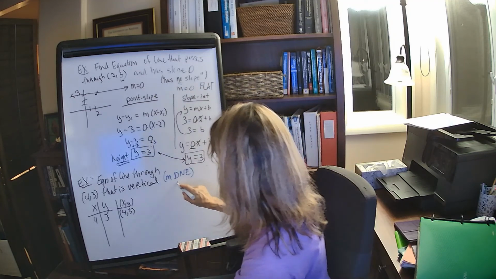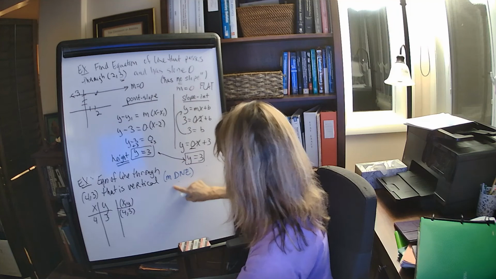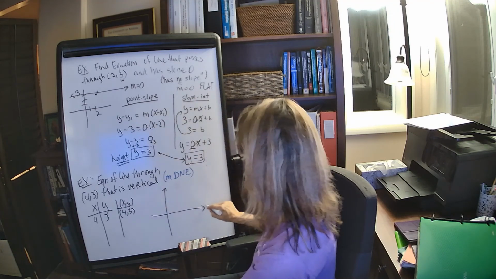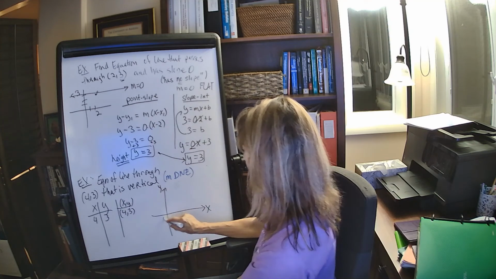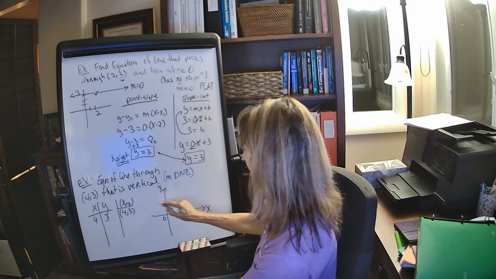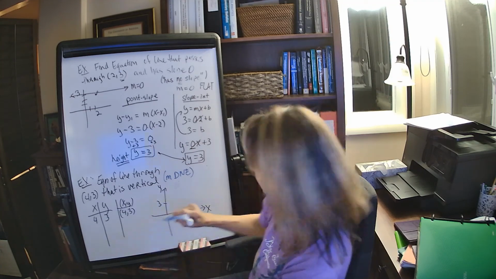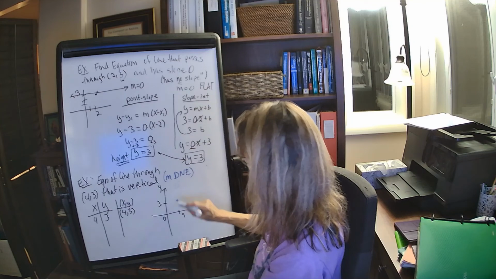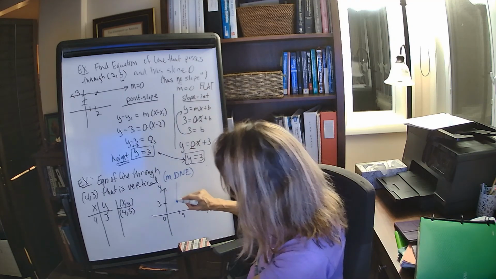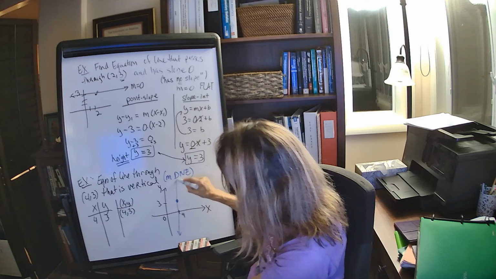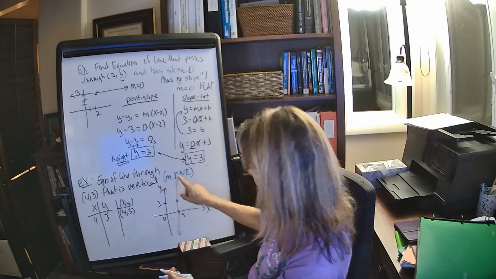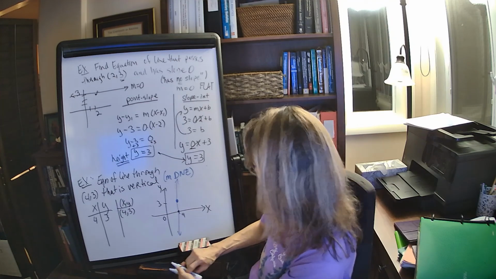So we come over here, XY axes, and I'm going to go to 4 and up to 3, and put a point there. Now, what do we mean by the vertical line going through that point? Well, that vertical line goes straight up and down, right? Now, notice this point's on that line, assuming I can actually draw a vertical line, okay?